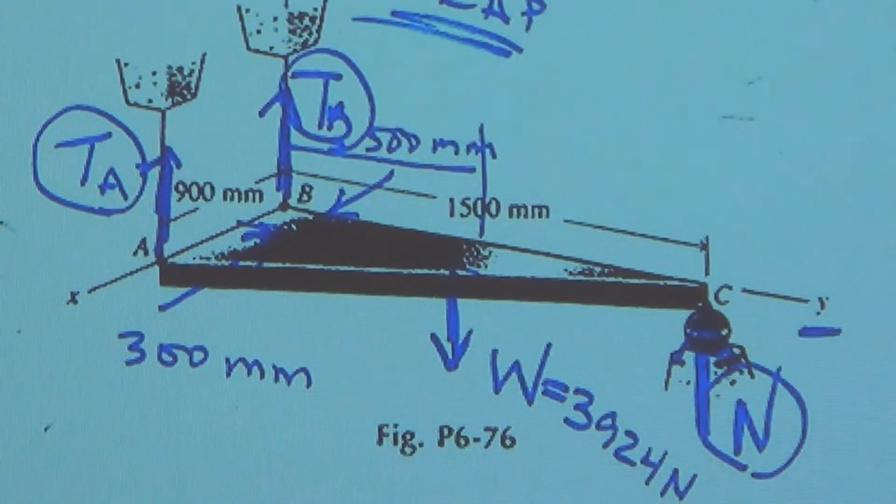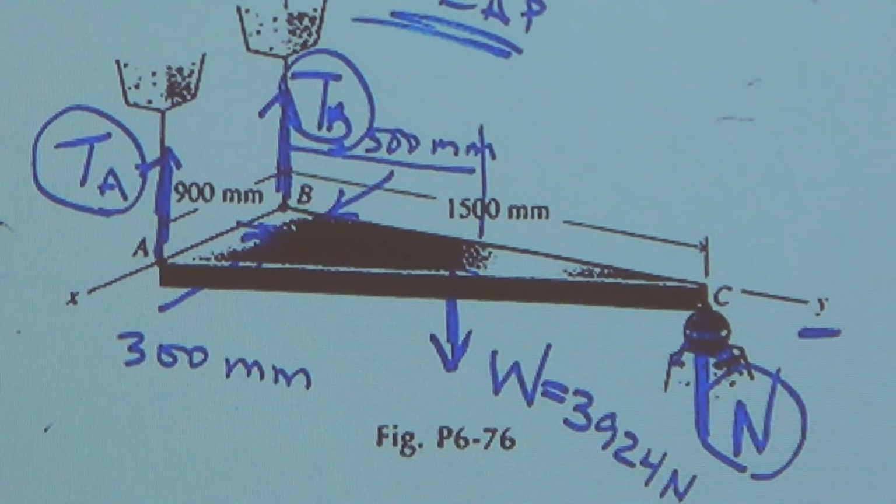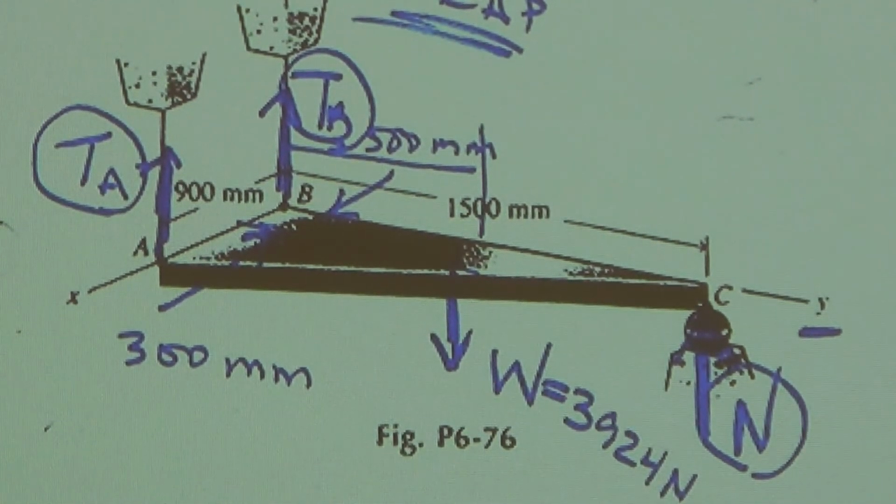Because the forces are only in the z. Any other kind of moment we could do? How about do it about a point? How about sum of the moments about B? Or sum of the moments about A? Or sum of the moments about C? Or sum of the moments about the point where W is?